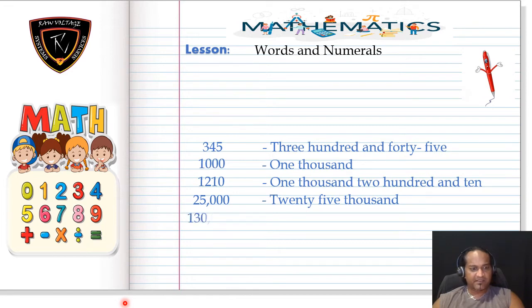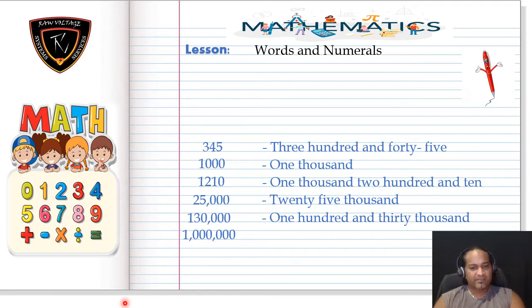If I have another number, 130000, how do I read this number? 130,000. Right, so let me put another number. As you can see, the numbers are getting bigger.